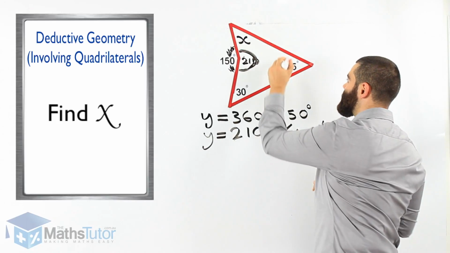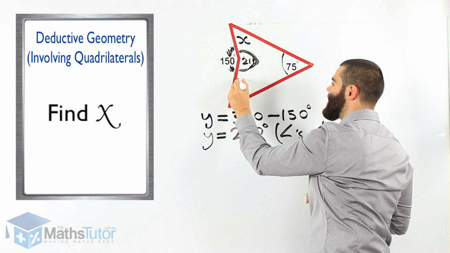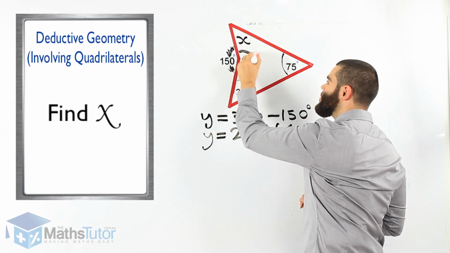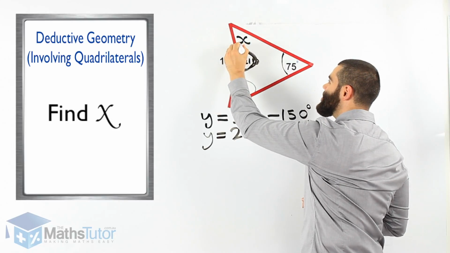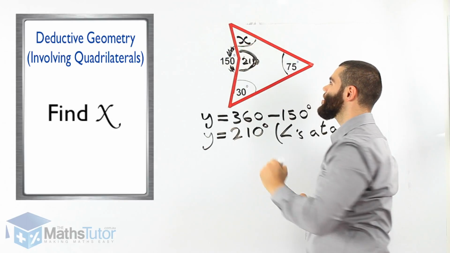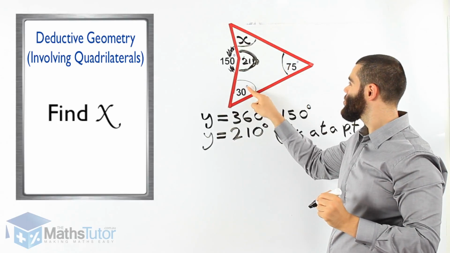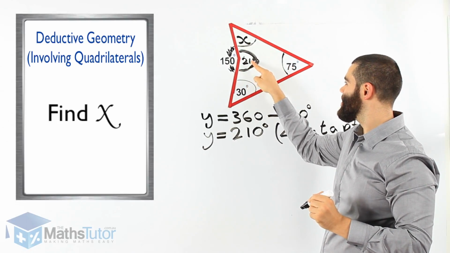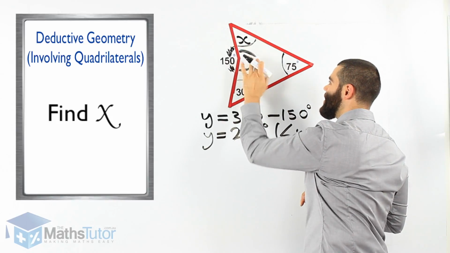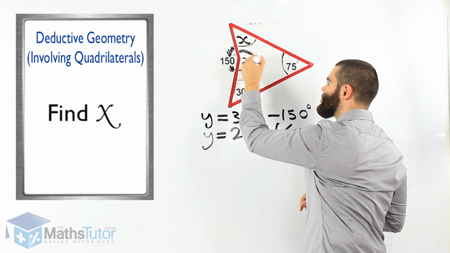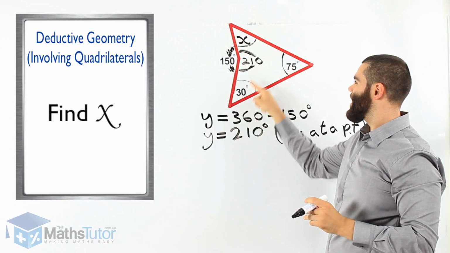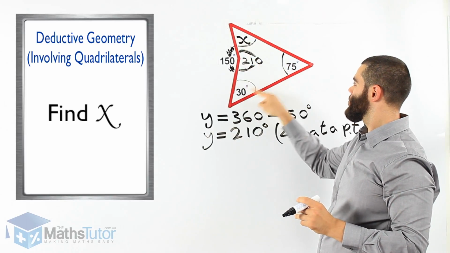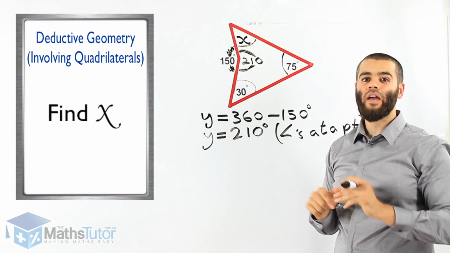We're going to use this angle, that angle, the 210, and the x that's missing. We're going to use 75, 30, and 210. Let's write the 210 more clearly.